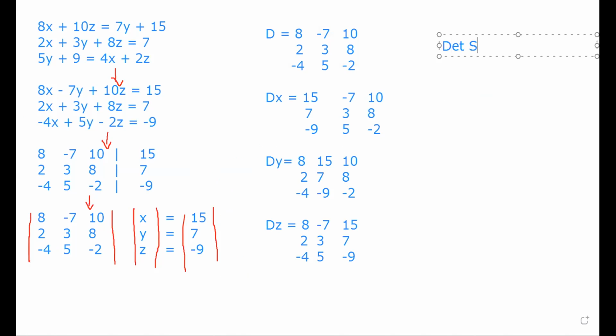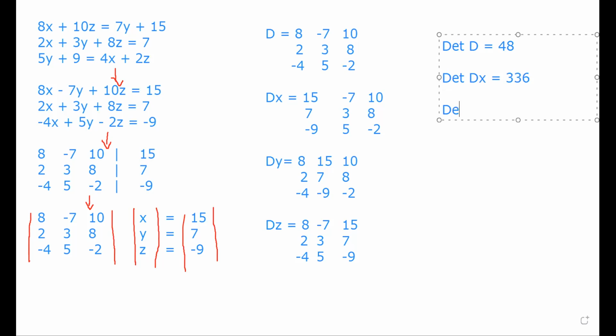So the determinant of D is equal to 48. Likewise, the next answer, the determinant of dx is equal to 336.